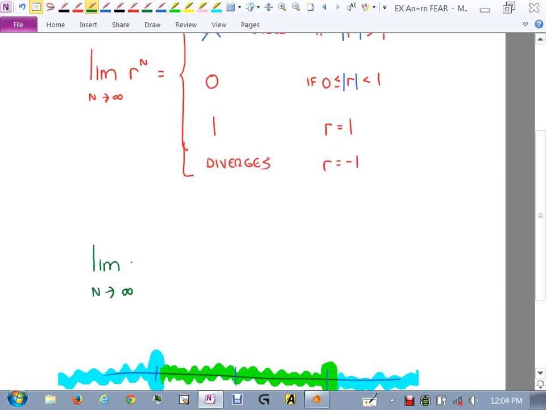The book says that this will be the following. Converges if, sorry, hold on, converges if -1 less than r less than or equal to 1. Diverges otherwise.